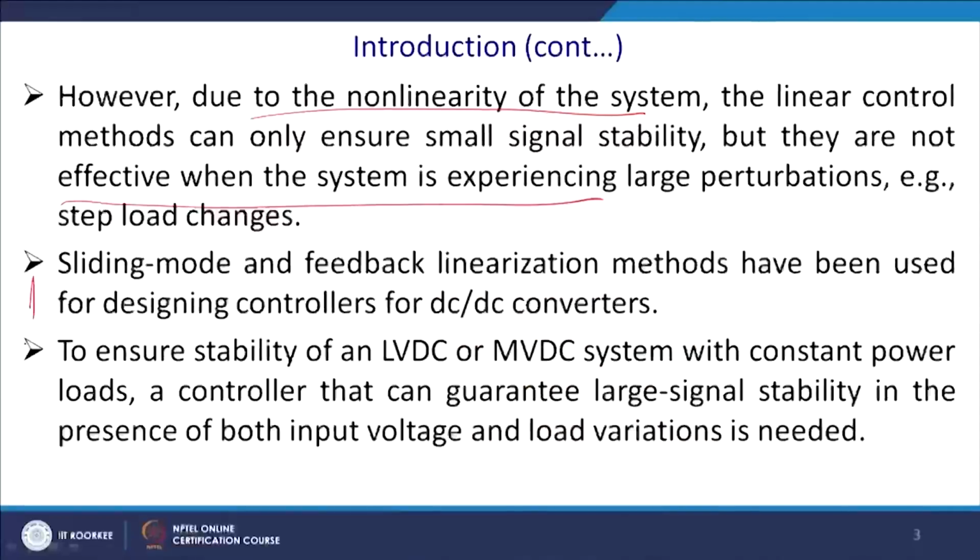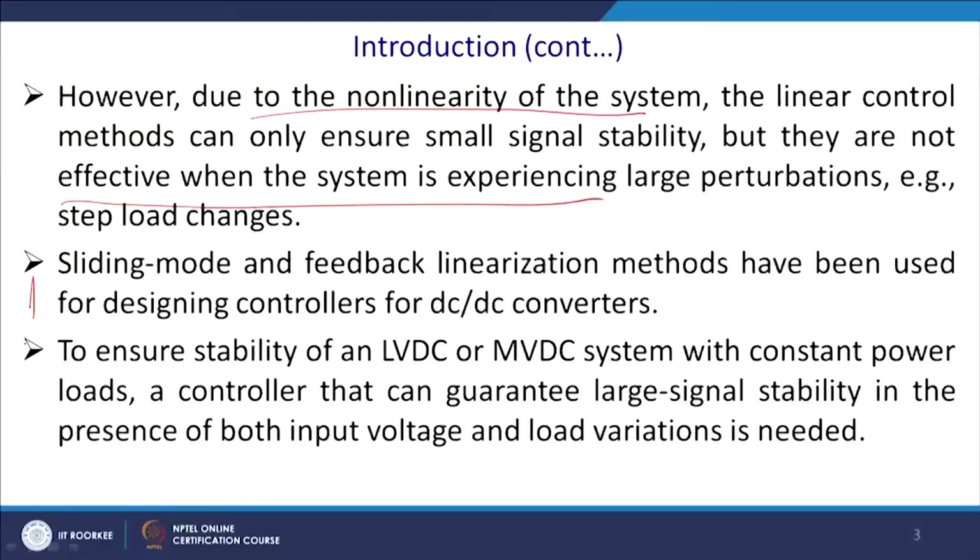and one of the solutions that can be thought of is sliding mode control or feedback linearization. Sliding mode control itself is a big chapter. For this reason, I request those who do not have knowledge of this nonlinear control strategy, of course, I can touch upon the basic essence of how it can be fit into the DC microgrid.